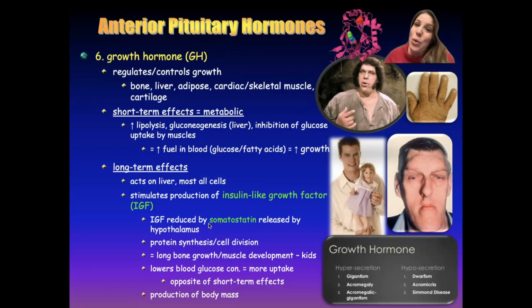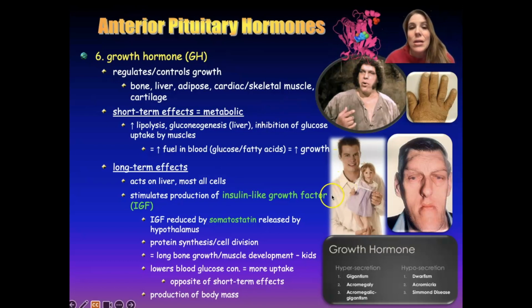Now, when things don't go right, there are obviously going to be effects on the body. So if too much growth hormone is secreted, and this could happen, for example, from a tumor in the anterior pituitary gland, you can end up with a condition called acromegaly or gigantism.